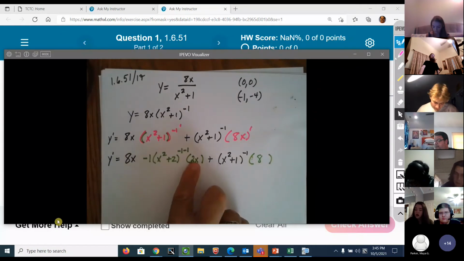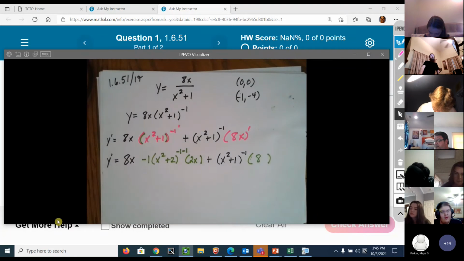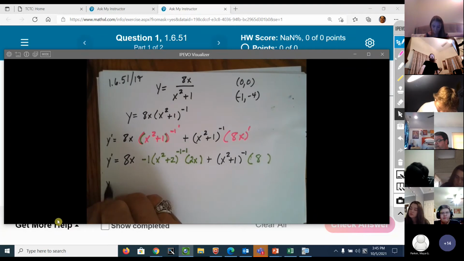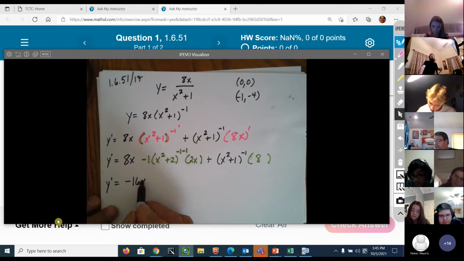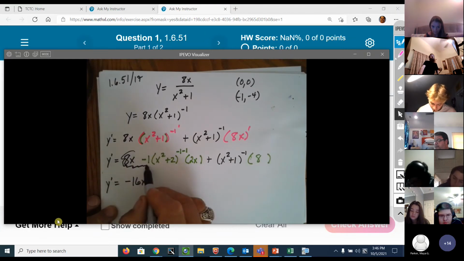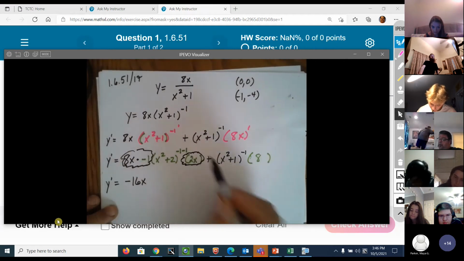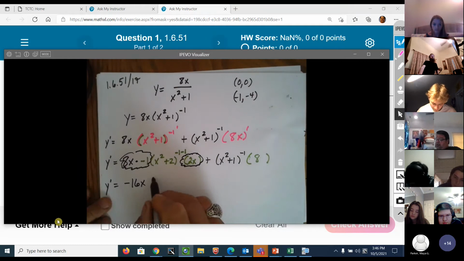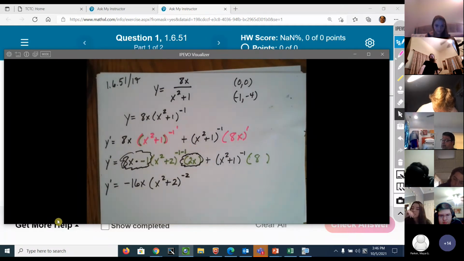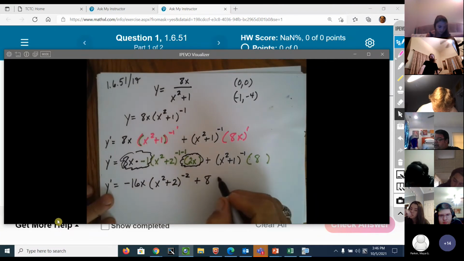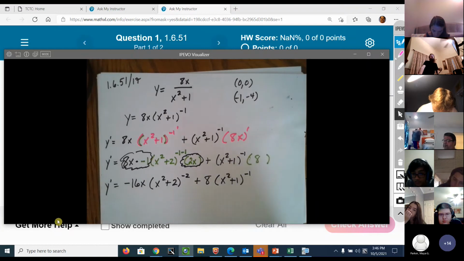So this 2x, this -1, and this 8 can all be combined. So y prime is equal to -16x and then that's going to be x squared plus 2 to the -2nd power plus 8 times x squared plus 1 to the -1 power.